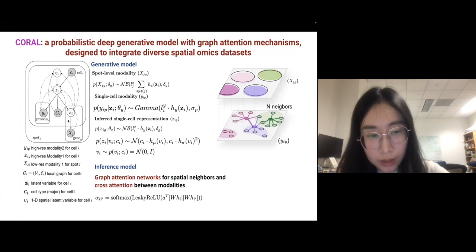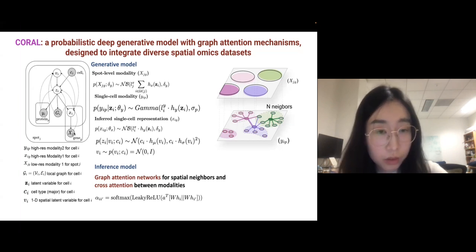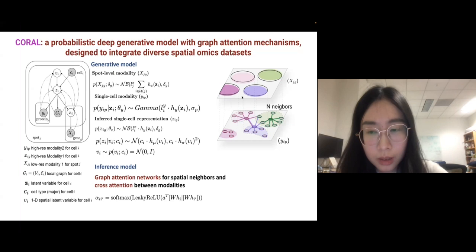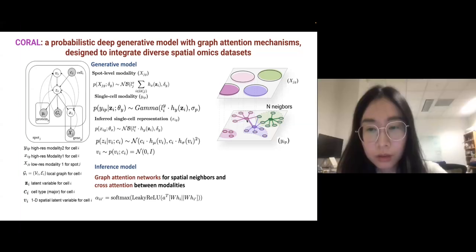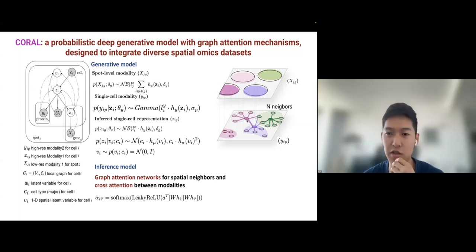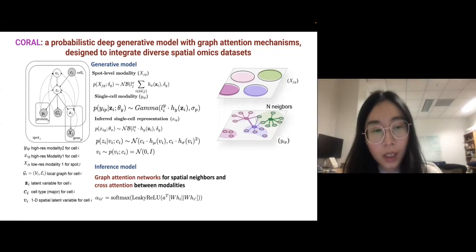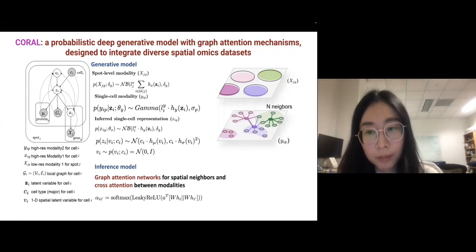That is assumed, because they're not observed, but we have an observed aggregated version. So in the generative or inference part, we sum up all of these inferred versions together. Okay, I see. So mainly the edges are between cells, not from the spot to the cells. Yes, it's the edges between the cells and they rely on the cell version of the modality.